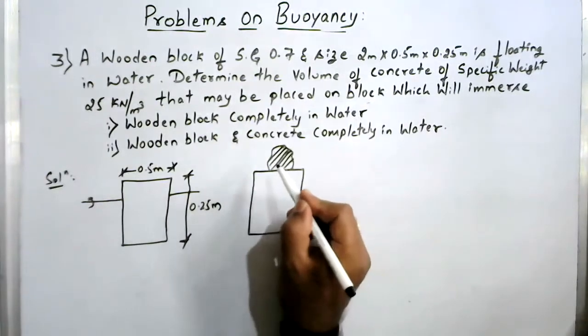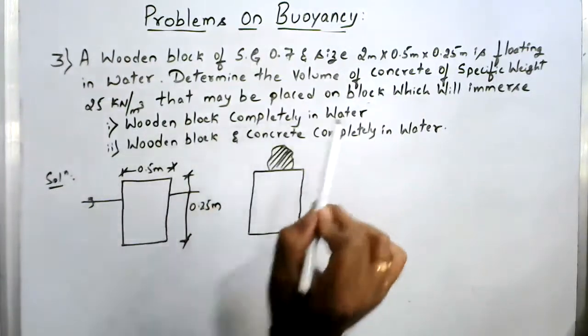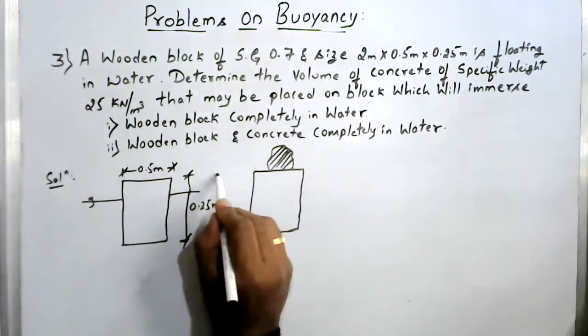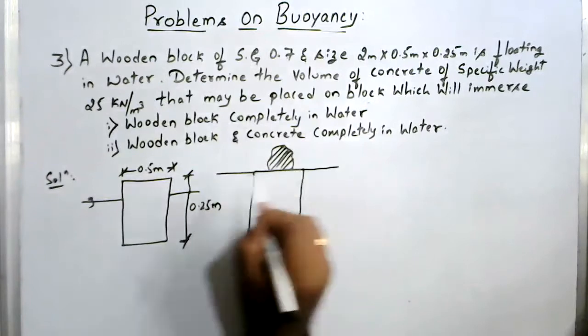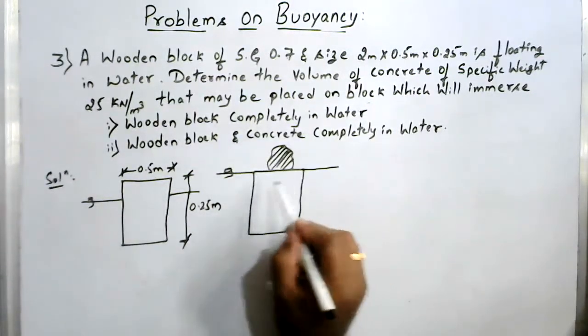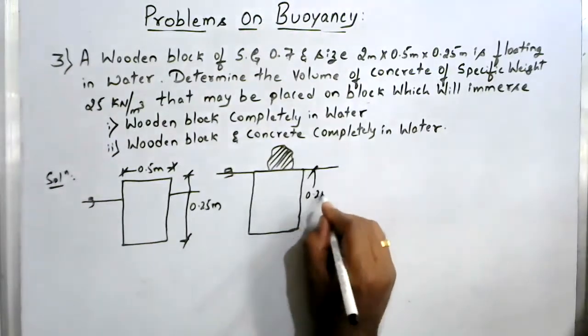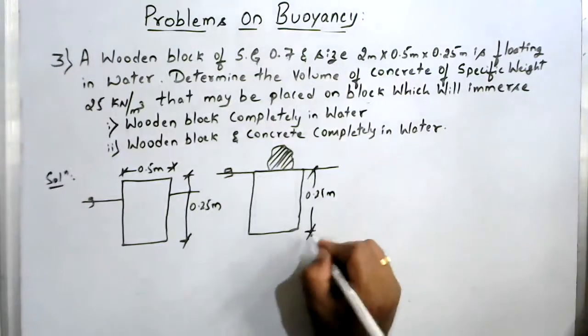So when you place the concrete like this, case 1 says that the wooden block is completely in water, meaning the wooden block will be completely immersed in the water. So the entire portion of this wooden block, that is 0.25 meter, will be under water.